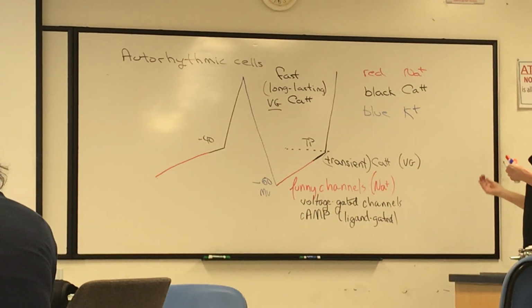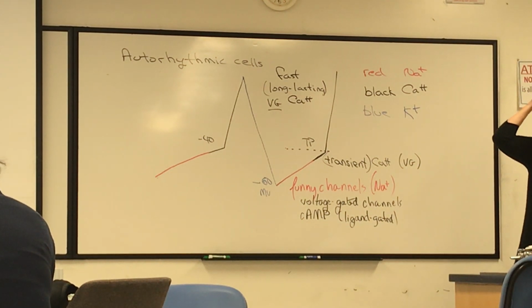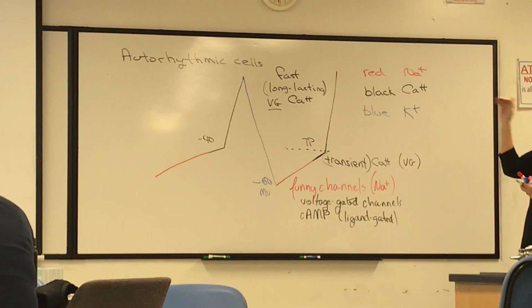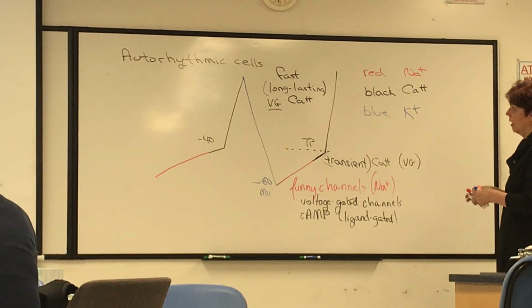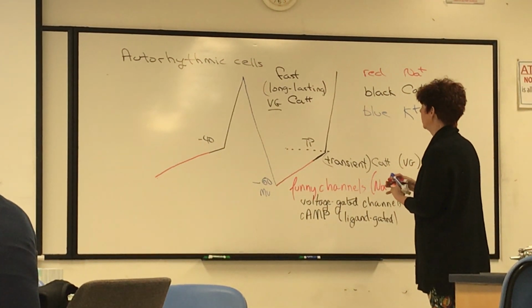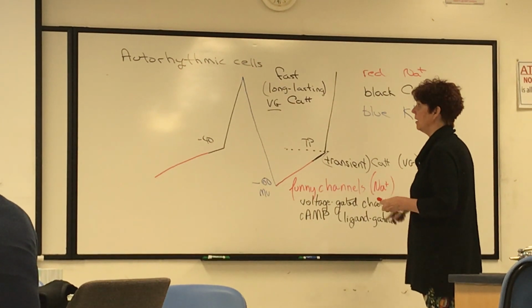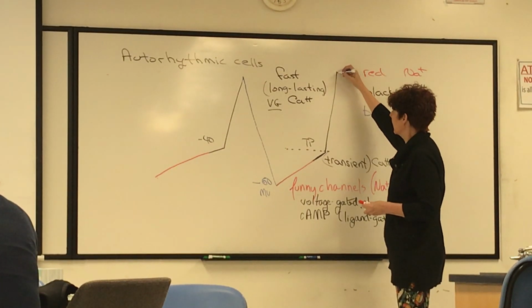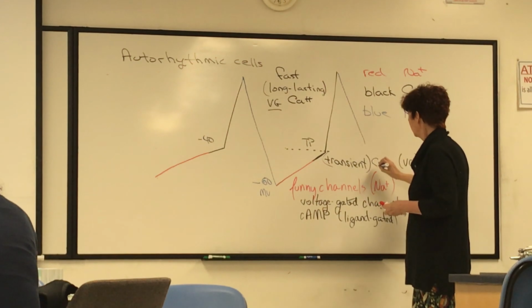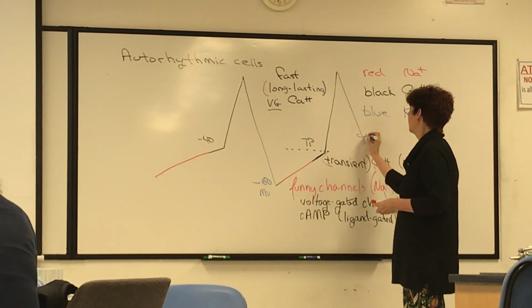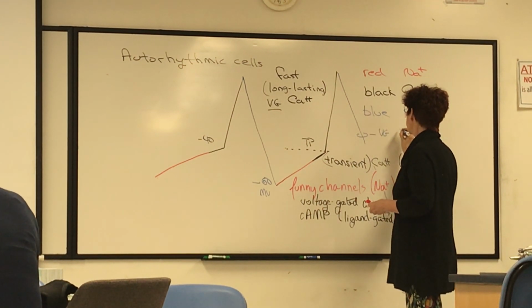In contrast to our other types of action potentials, which allow sodium into the cell, this does it with calcium. All right, and then for repolarization, we see voltage-gated potassium.